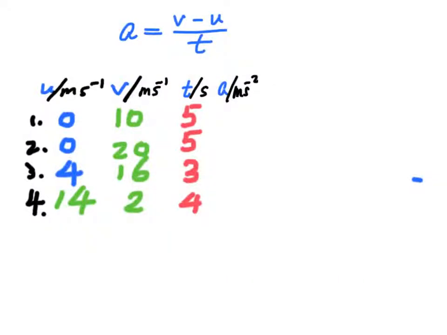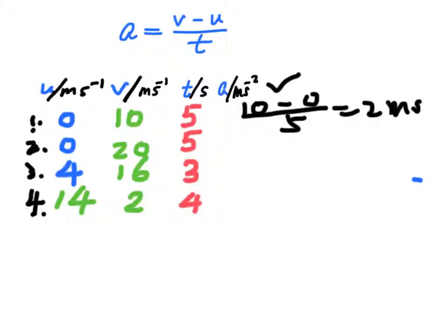Let's find the average accelerations of a body in the following questions 1, 2, 3, 4. For 1, a equal to 10 minus 0 over 5, which is 2 meters per second squared. That means it accelerates.